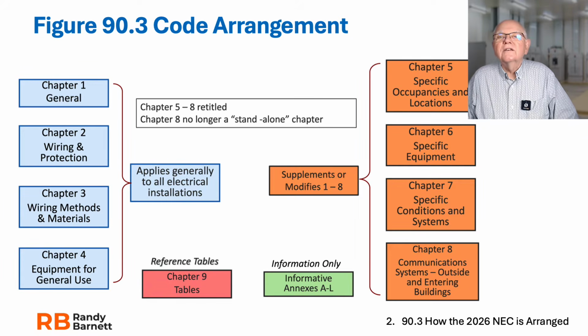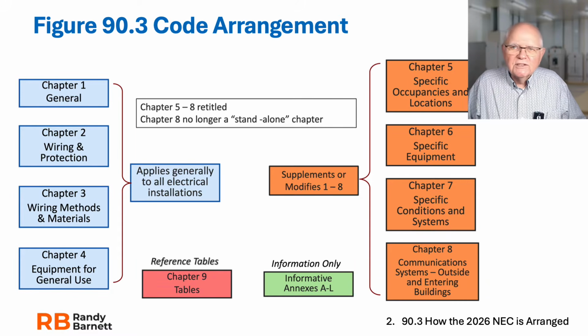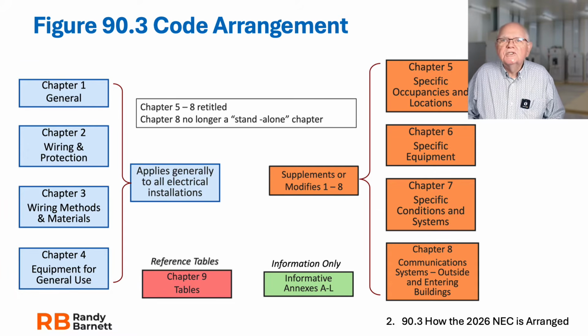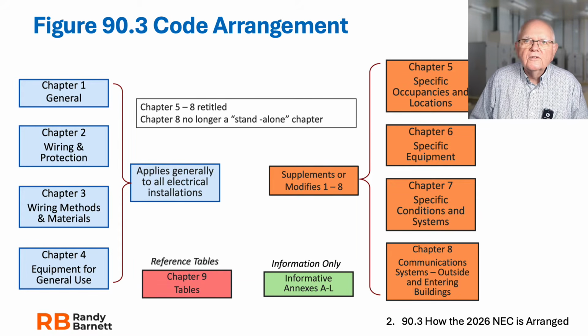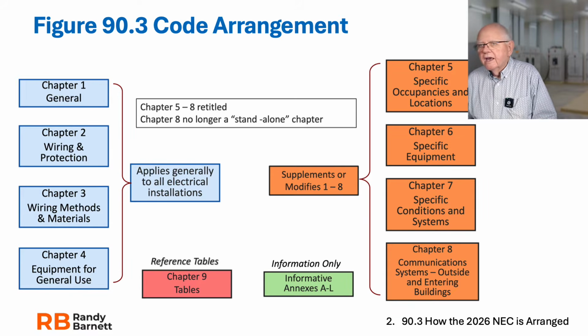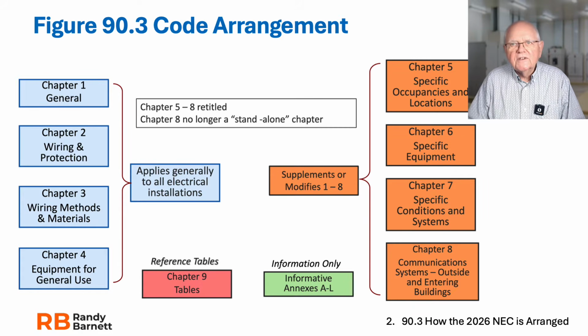Chapters 5 through 8, look at this. 5 through 8 have been retitled. Instead of saying special, they've now gone to the word specific, which makes more sense, right? It's not special occupancies. We're talking about specific occupancies. It's not special equipment, it's just specific equipment, whether it's a crane and a hoist or an elevator or whatever it is, it's something specific.